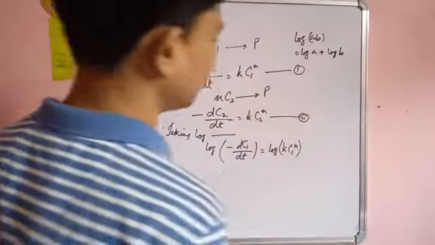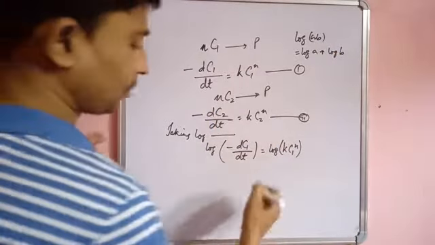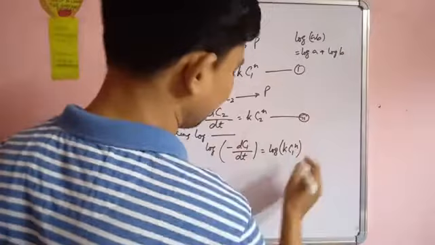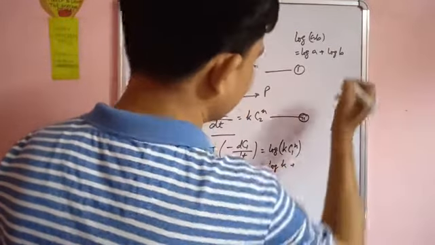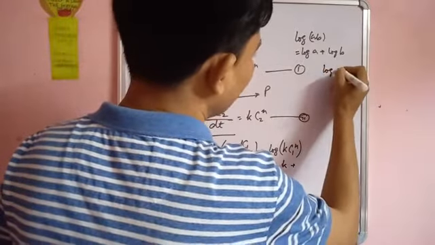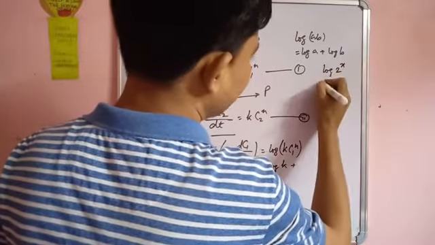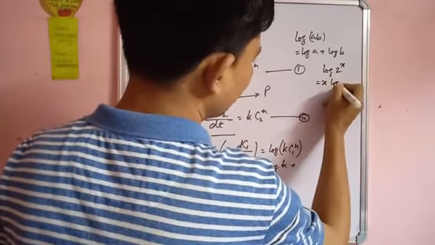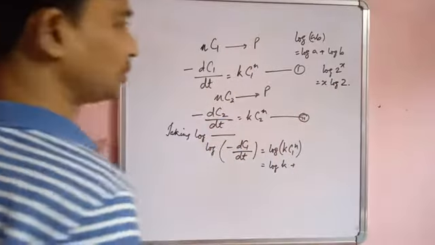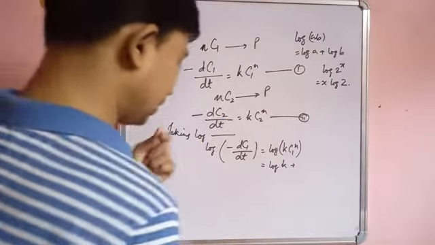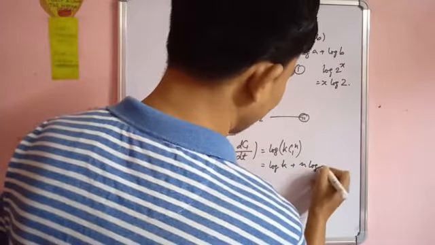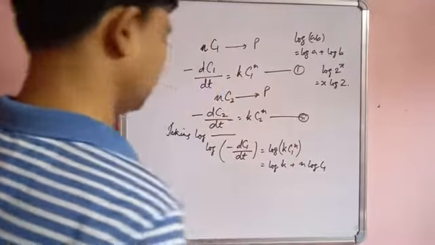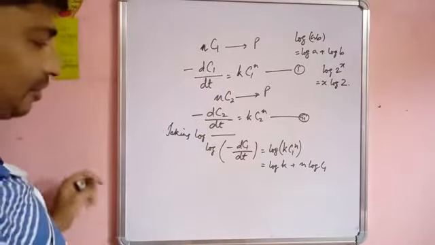From this concept, we can write it as log of K plus log of C1 to the power n. Also, log of 2 to the power x is equal to x log 2. So these two mathematical concepts are used here: log of C1 to the power n is equal to n log C1. So this is the one equation.